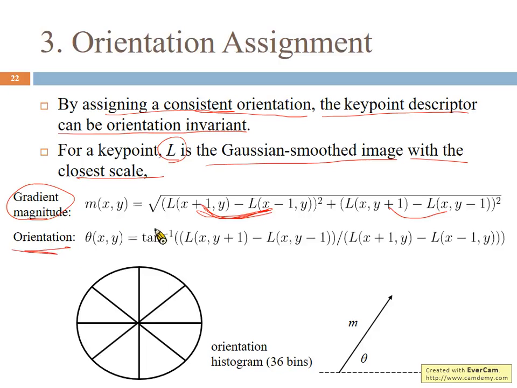The orientation can also be calculated based on the arctangent of the vertical difference divided by the horizontal difference. Okay, for any key point, we can find the gradient magnitude and the orientation. And basically we can quantize the orientation into 36 bins.